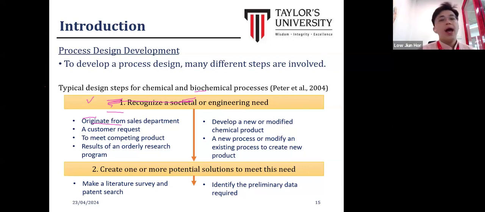Or some of the scientists, they already come up with a new technology to produce a new product.